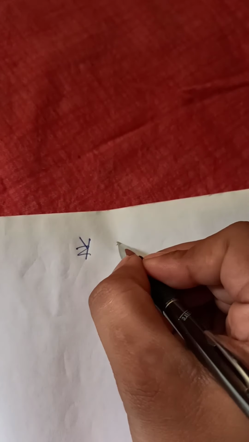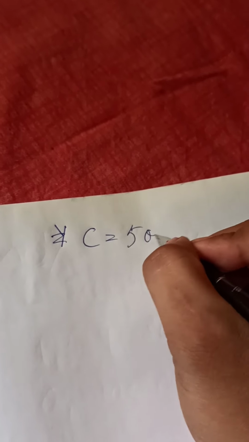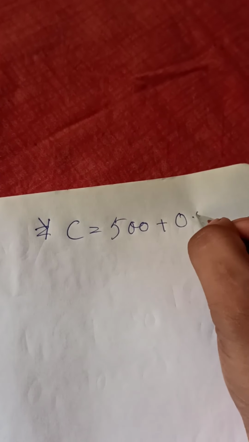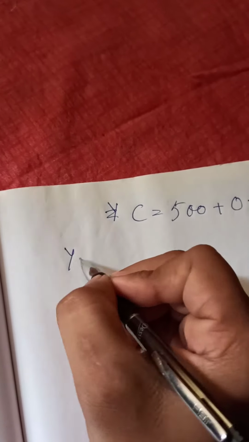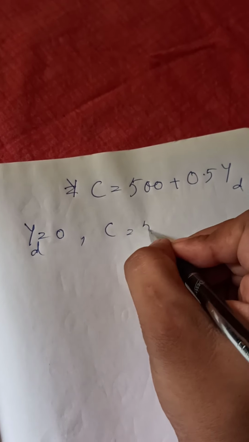Okay, so you can say that if your consumption function is given as C equals 500 plus 0.5 YD, it implies that when your income level is 0, or YD is 0, your consumption is 500.